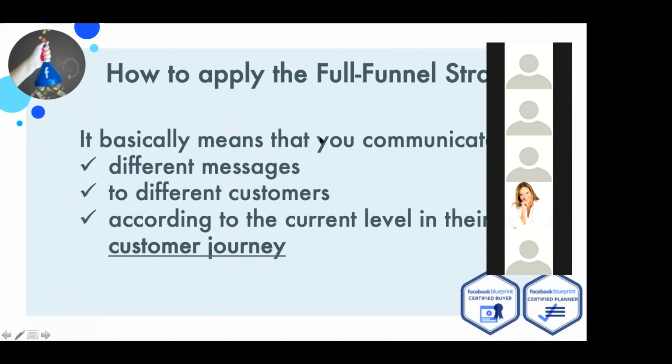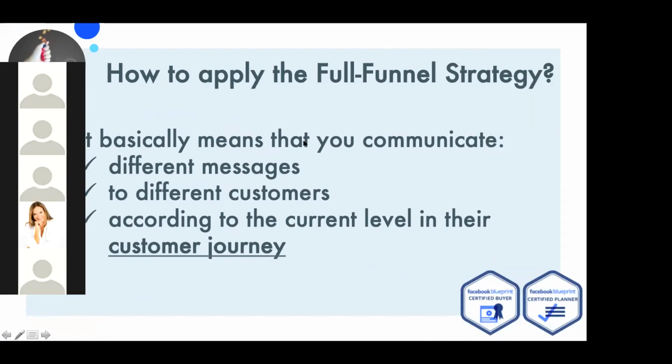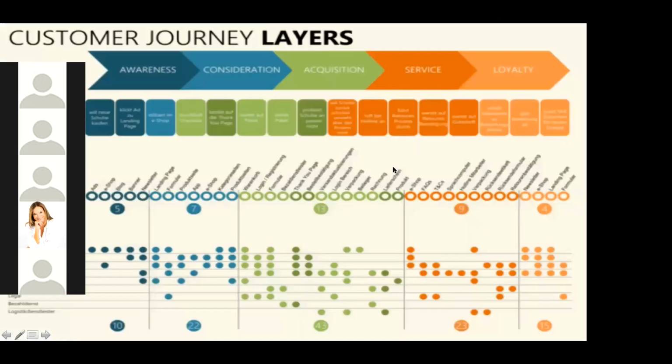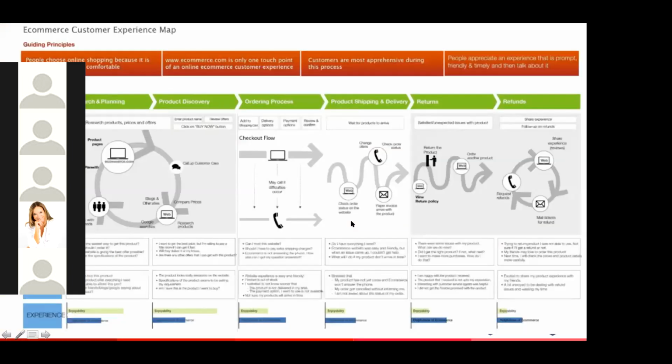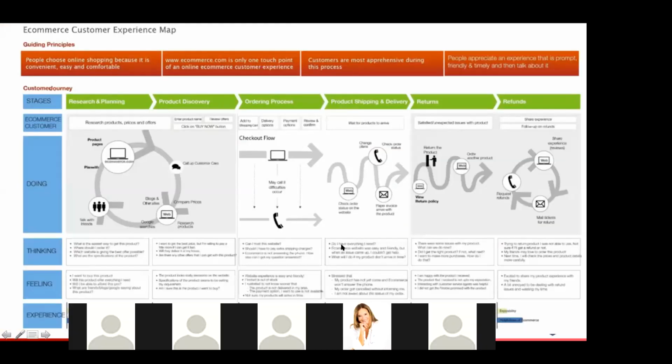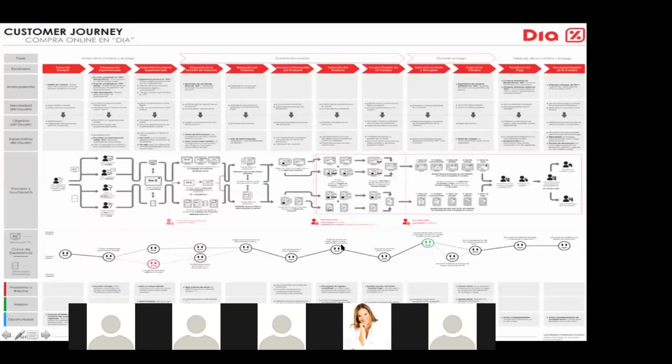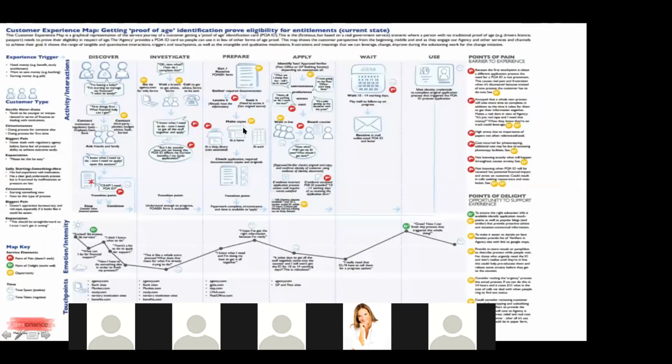A customer journey can be defined in many ways, for example, into awareness, consideration, acquisition, service, loyalty, or in different options, but it could be pretty complicated and complex like this one here. It's not that easy to communicate a different message to all of these different stages.